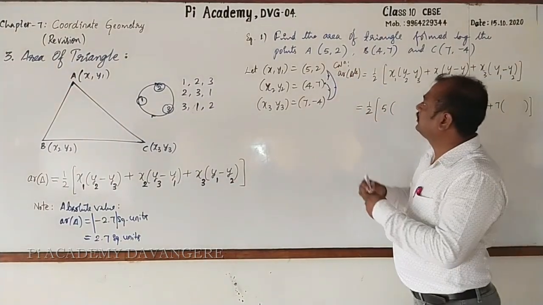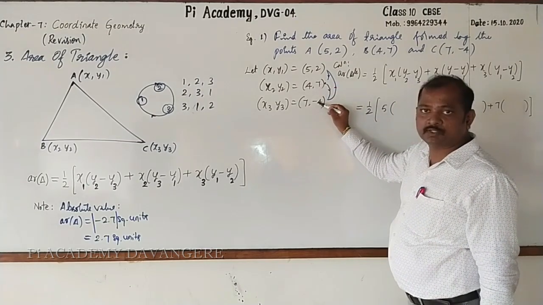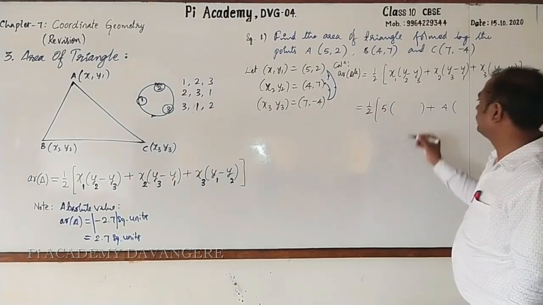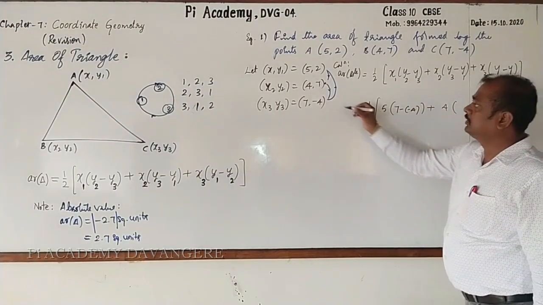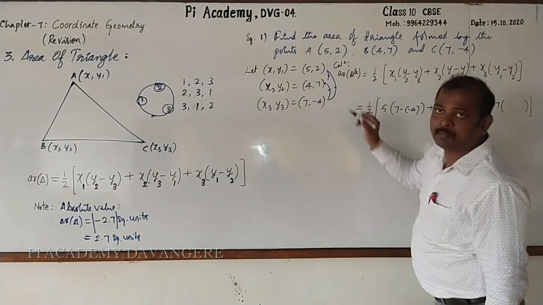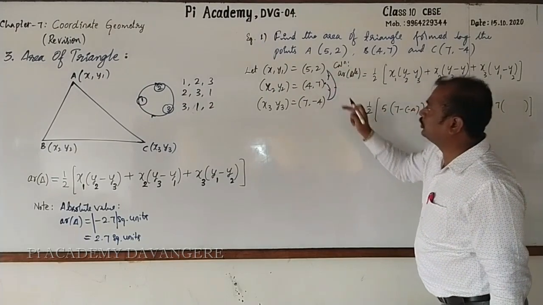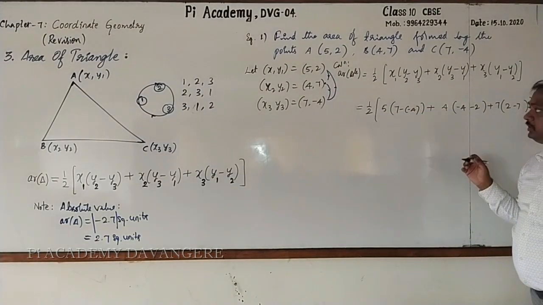Now, see that y2 minus y3, already minus 4 is given. So, 7 minus of minus 4. Next, minus 4 minus 2. Then 2 minus 7. Is it not easier? Definitely.